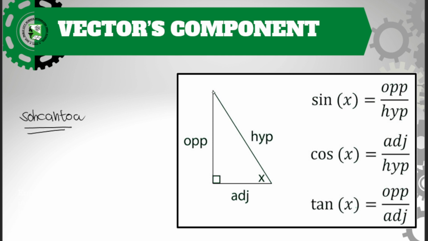When we have a right triangle, locate the 90 degree angle. The vertical side above the 90 degrees is always the opposite, the horizontal is the adjacent, and the inclined side is the hypotenuse.